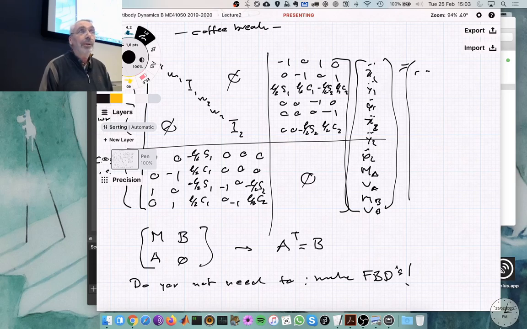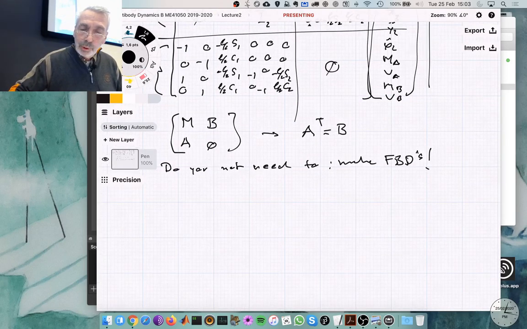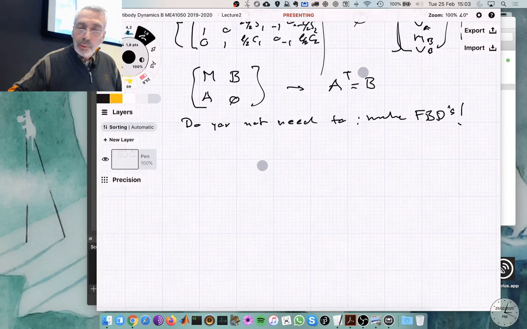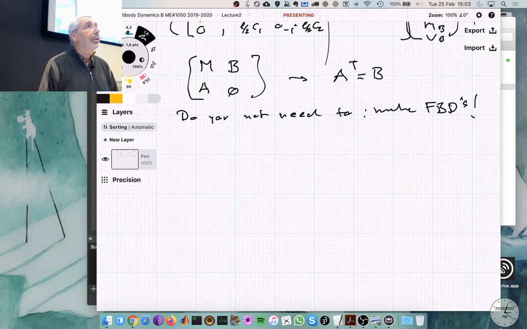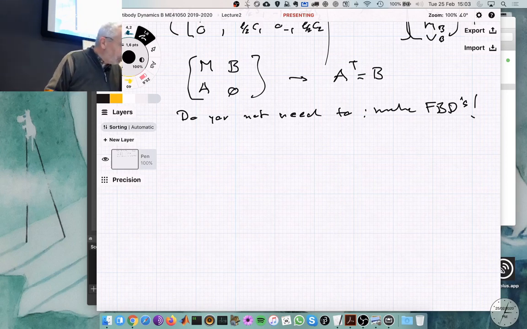You say, oh, we don't do that. And that's actually the whole topic of today, the systematic approach. There is a systematic way by which you can just take your system, define your constraints, and come up with your constrained equations of motion without drawing free body diagrams. It's a bit in the spirit of Lagrange, which we will meet later on in this course.